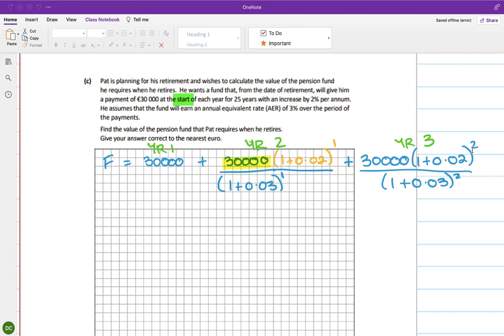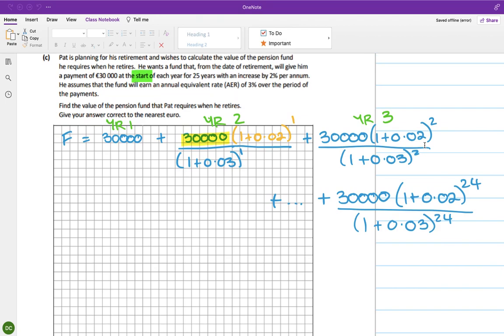And then we go on to the last one. He said 25 years, and my power is behind my year, so it's going to be 24 is my power, over 1 plus 0.03 to the power of 24.